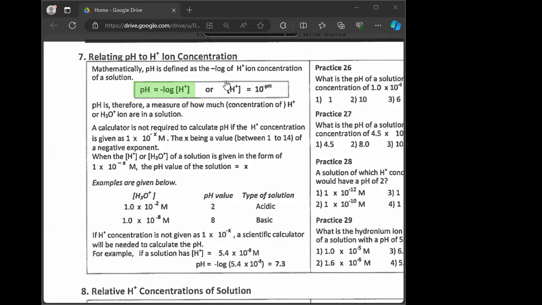Then also we do need to know that the hydrogen ion concentration equals 10 to the negative pH. pH is therefore a measure of the concentration of hydrogen ions in a solution.